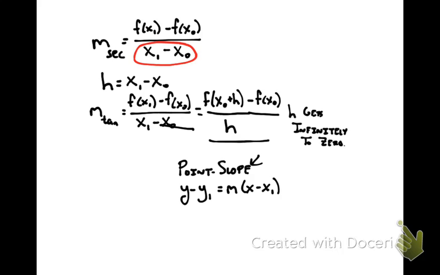Let's deal with some examples. Let's consider the function f of x equals x squared plus 1. And first, what we'd like to do is find the slope of the secant between x equals 1 and x equals 3.